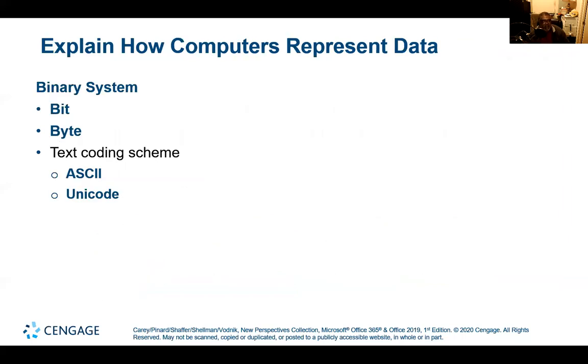So, we need to explain how computers represent data. It's represented in bits. A bit is a 0 or 1, and that 0 or 1 is on or off. Your next stage up from a bit, which is the smallest piece, is a byte.